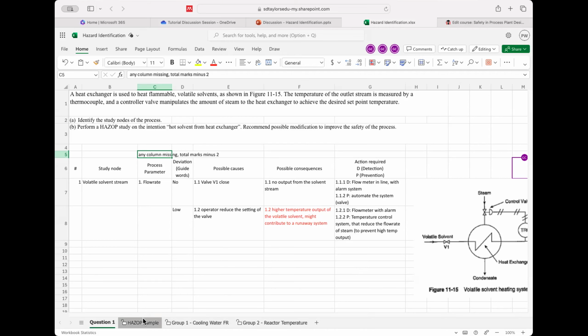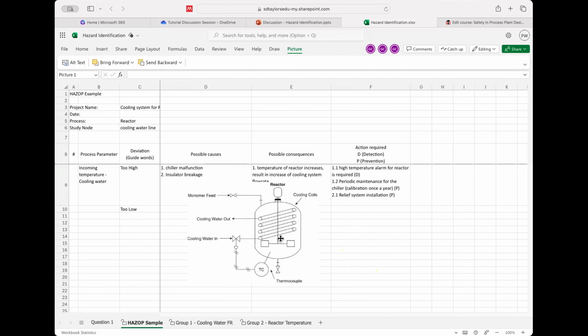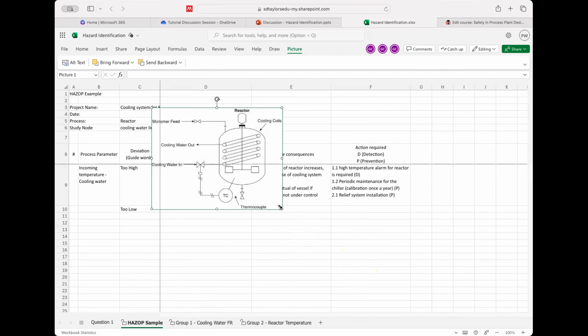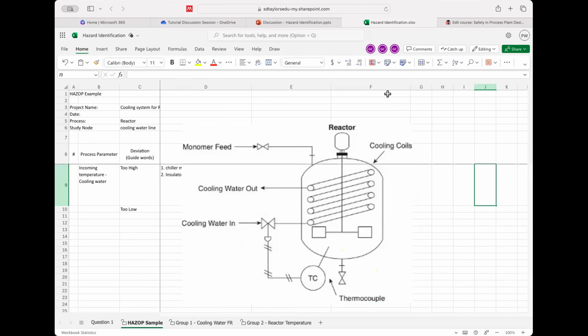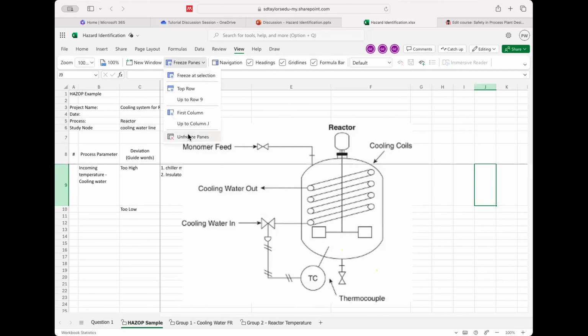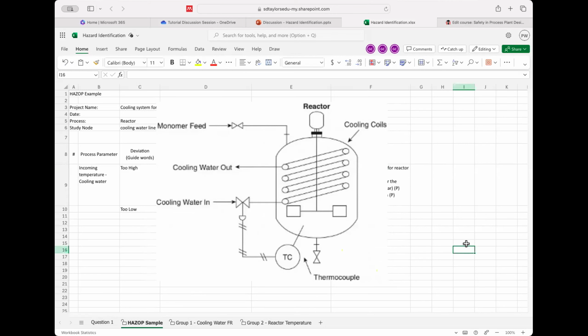If no, then what we are going to do here is that we have an example. You can see this is actually the example from one of the presentation recordings.